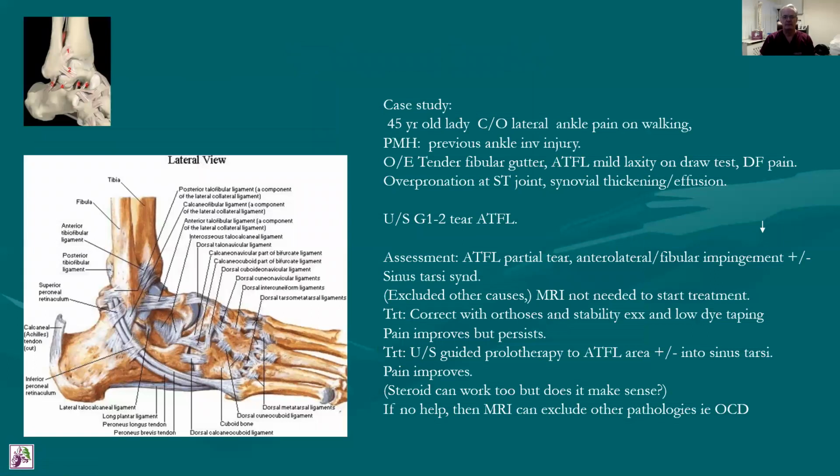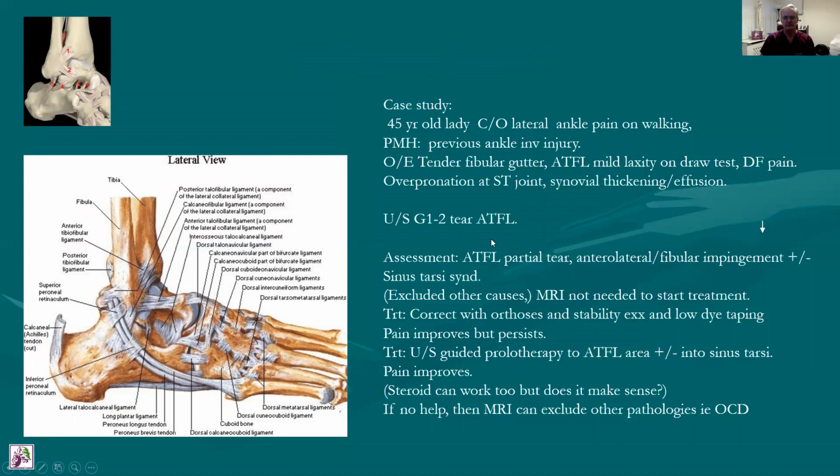So before the break, I gave you a case study, a 45-year-old lady with a previous history of inversion ankle injury and a deficient ATFL, but no other significant injury.